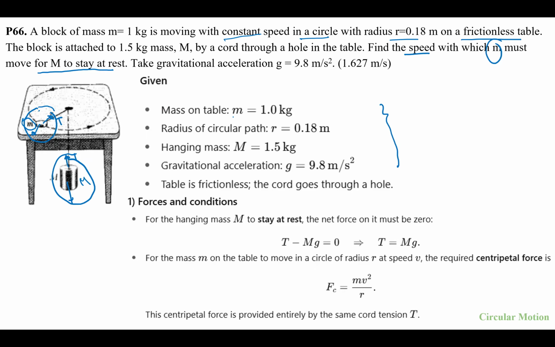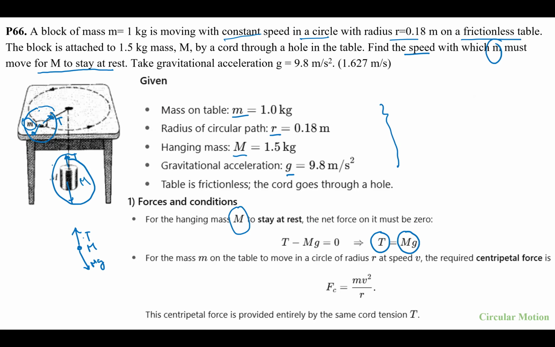The mass small m is given, the radius is given, hanging mass capital M is given, g is known. The table is frictionless, and the cord goes through the hole. So for forces and conditions, the hanging mass capital M must stay at rest. So if you look at it, there's a T, and then there's an Mg. So that it should be equilibrated. So capital T is given by capital Mg.